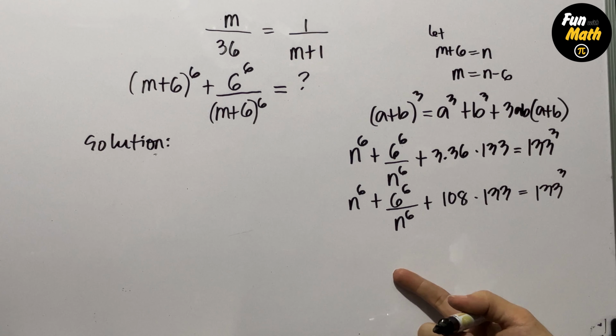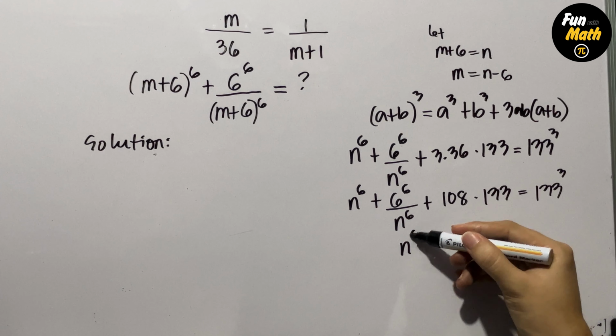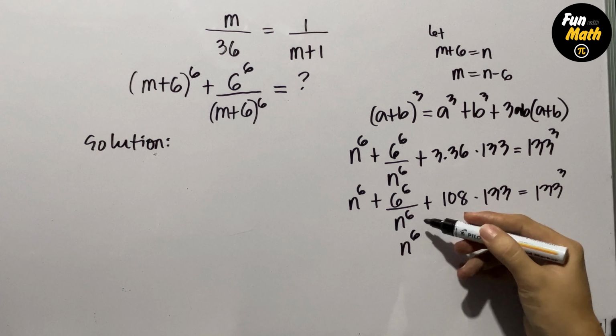And then next, we can take this positive 108 times 133 to the other side. So on the left side, we're left with n^6 + 6^6/n^6. We move the equal sign here. 133 cubed from positive to negative, so negative or minus 108, we change it into parentheses times 133.